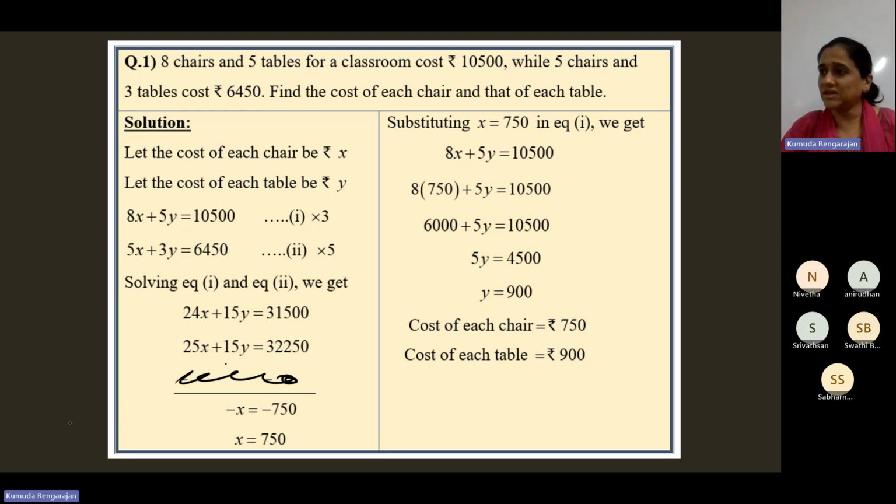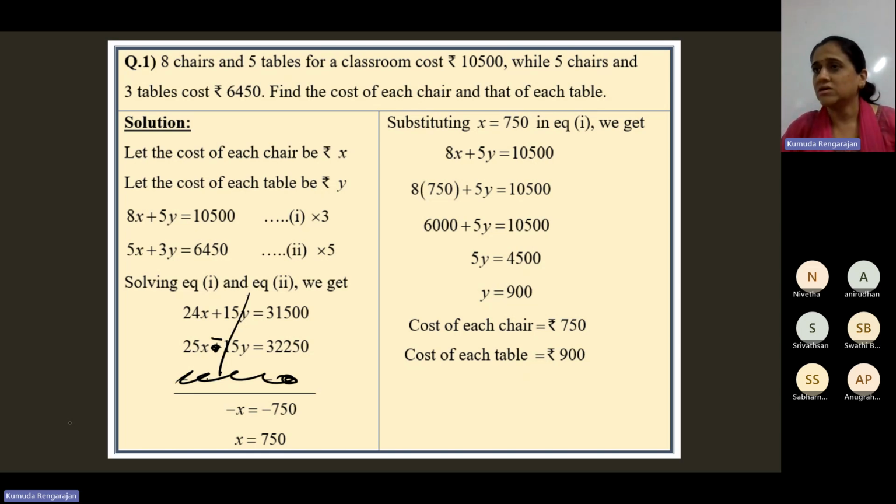The coefficients are the same, 15, but you still cannot cancel out because plus 15y plus 15y is plus 30y. So in this situation, you have to change the signs of the second equation. But supposing it was already like this, then you don't have to change the signs. When you don't change the signs, you are adding the two equations. When you change the signs, you are subtracting the two equations.